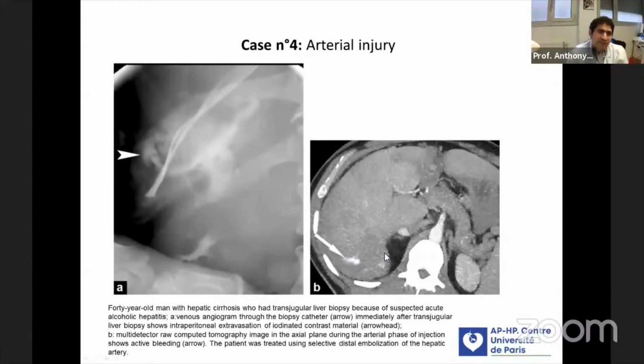This kind of arterial injury may be severe, and usually it doesn't heal by itself.